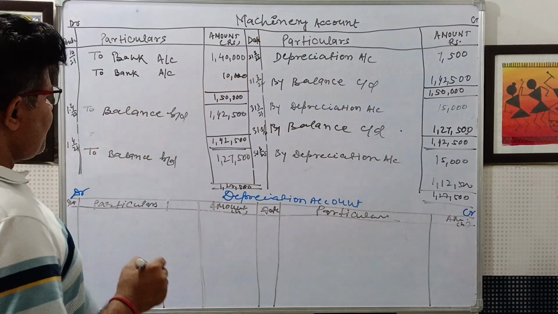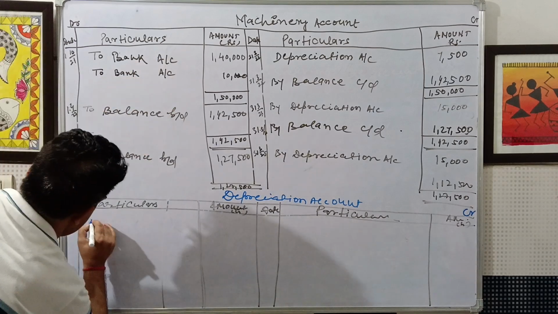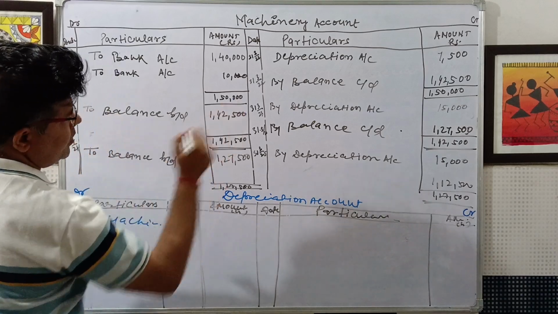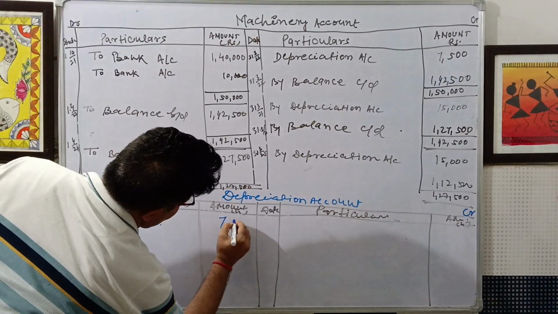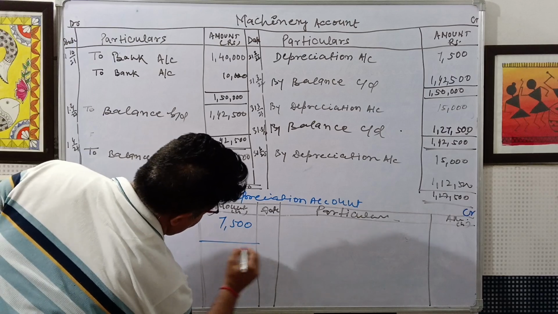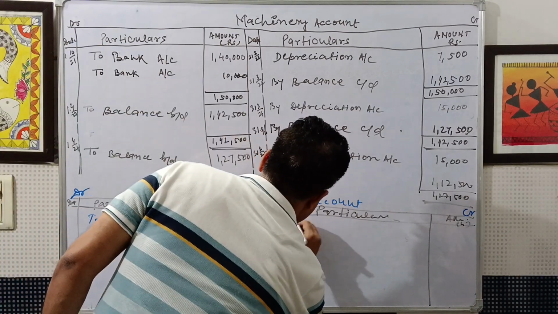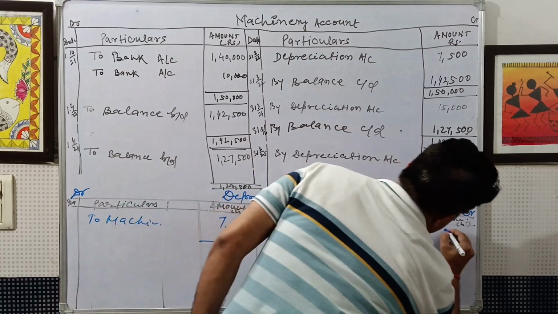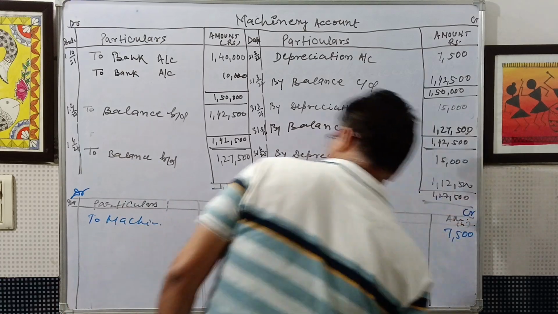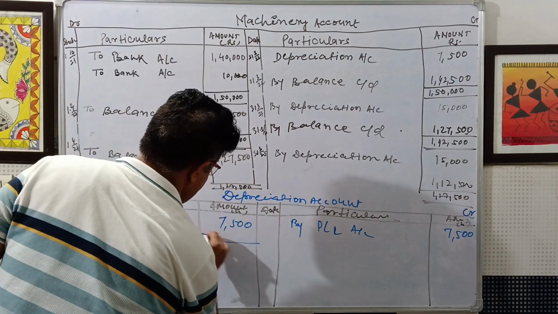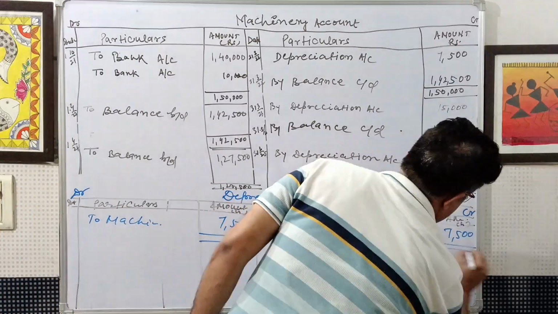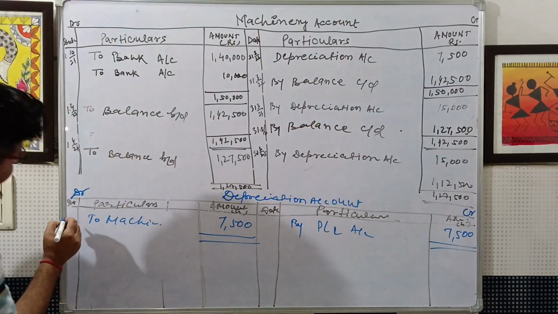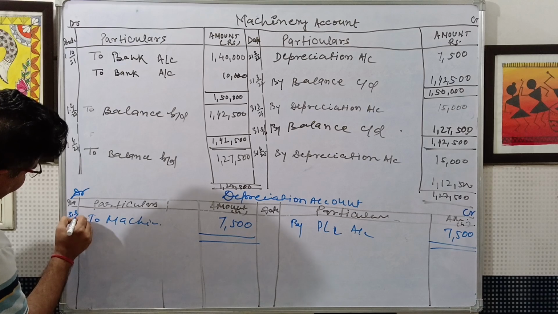So depreciation account debit to machinery account, how much? 7,500, by PL account 7,500. This is the 31st March 22.